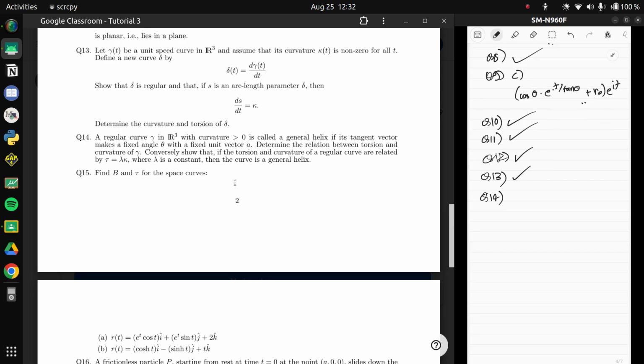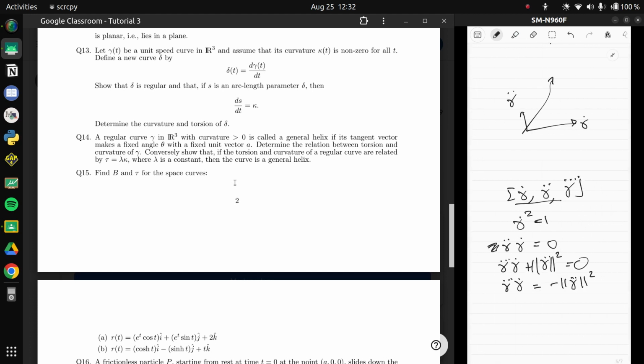So for this, you have tau equal to negative cosec theta kappa.